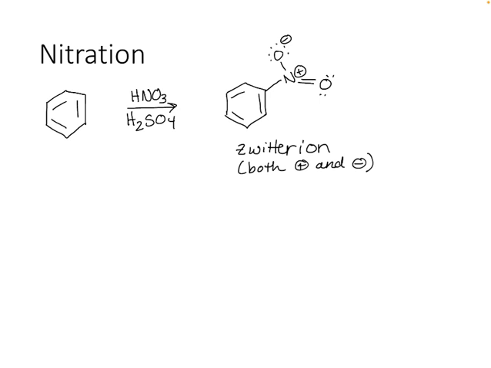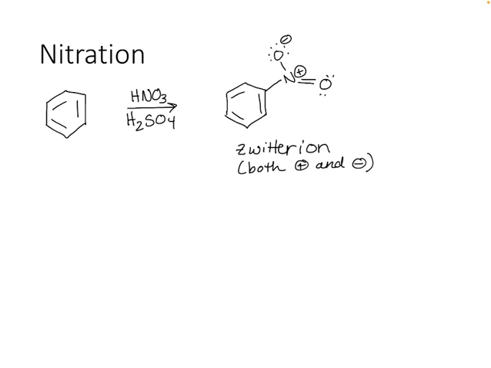For instance, many amino acids are found as zwitterions. They have both positive and negative charges. We talked about this a long time ago, but just to refresh your memory of what a zwitterion is.